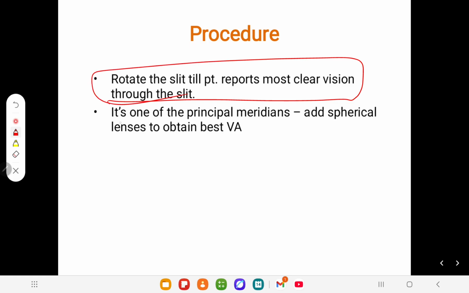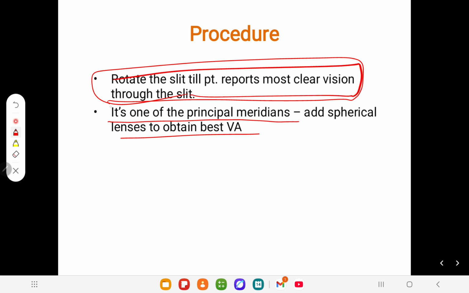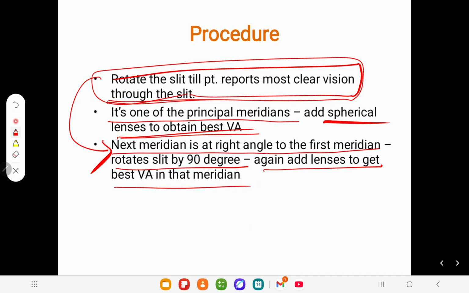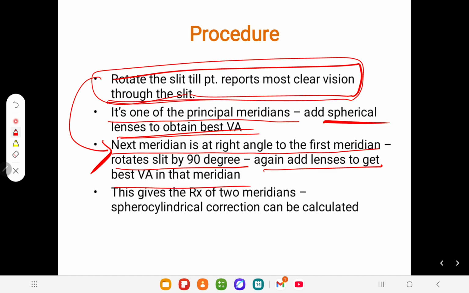And it's one of the perpendicular meridians. Add spherical lens to obtain the best vision. So basically, it is one of the meridians, and when it gets clear, you add the spherical lens to get the best vision. And again, the next meridian is at right angle to the first meridian, isn't it? This is the first meridian, this is the next meridian, rotate it by 90 degrees, again add lens to get maximum visual acuity, just spherical lens.